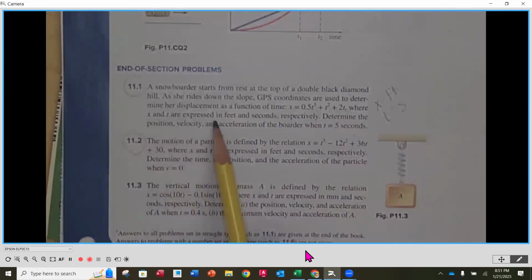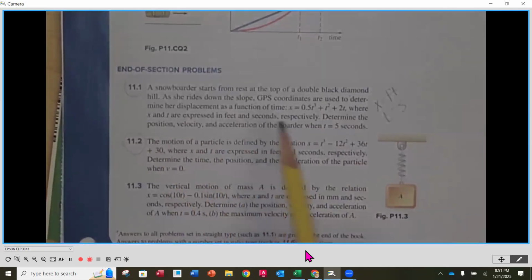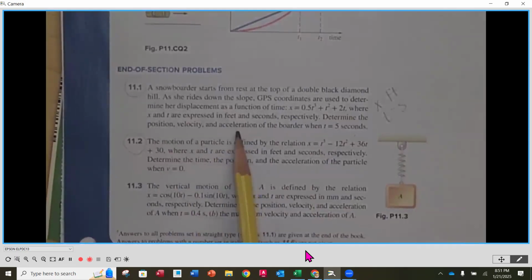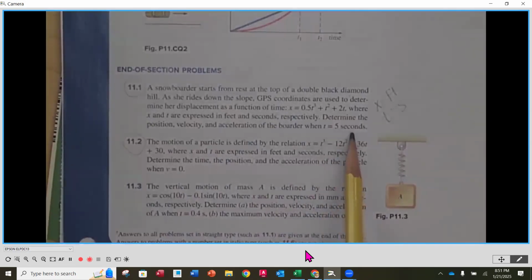They give you x equal to 0.5 t cubed plus t squared plus 2t, where x and t are expressed in feet and seconds, respectively. Determine the position, velocity, and acceleration of the boarder when t is equal to 5 seconds. You can use the Excel spreadsheet to do this entire problem. This is very similar to the first one we did, with not quite as many things they were asking.